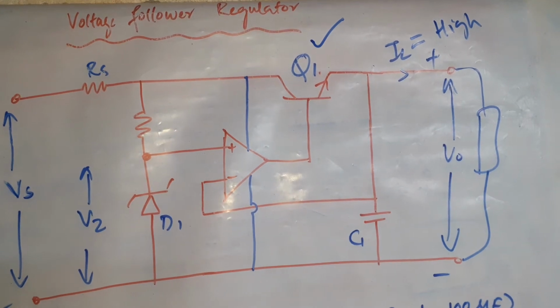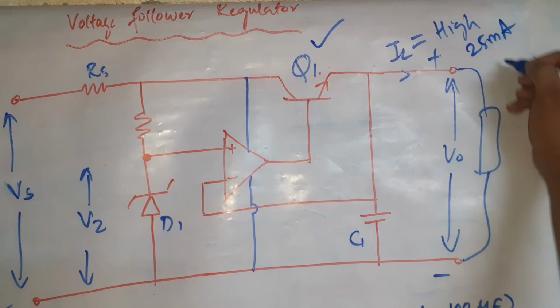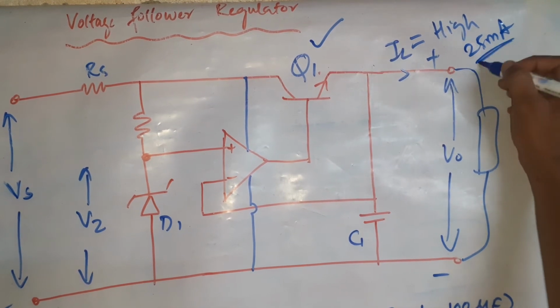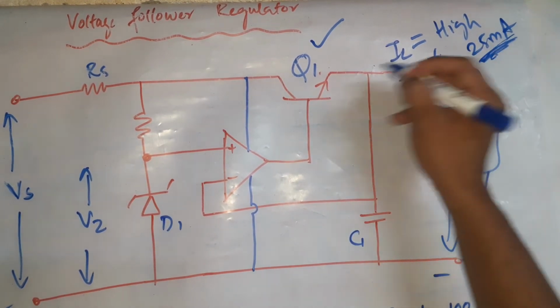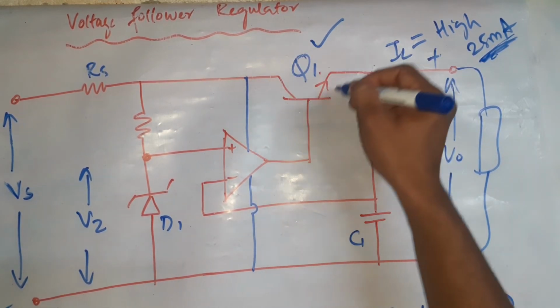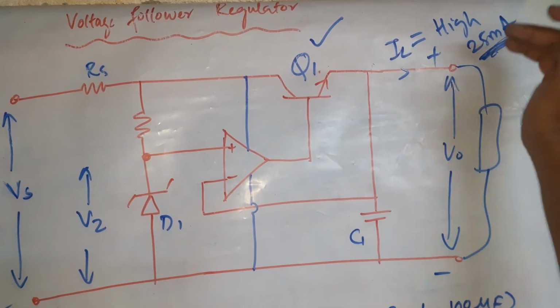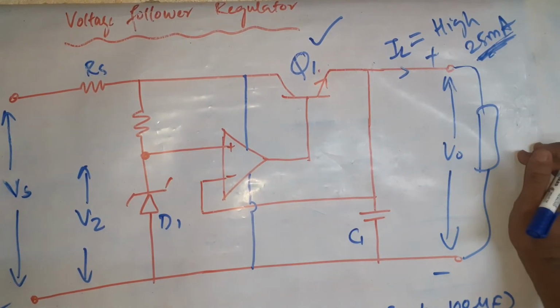If your load current requirement is lesser than 25 milliamps, then you need not have this Q1. You can eliminate this Q1 from your circuit. If your current is more than 25 milliamps, then you require a transistor for your safety.